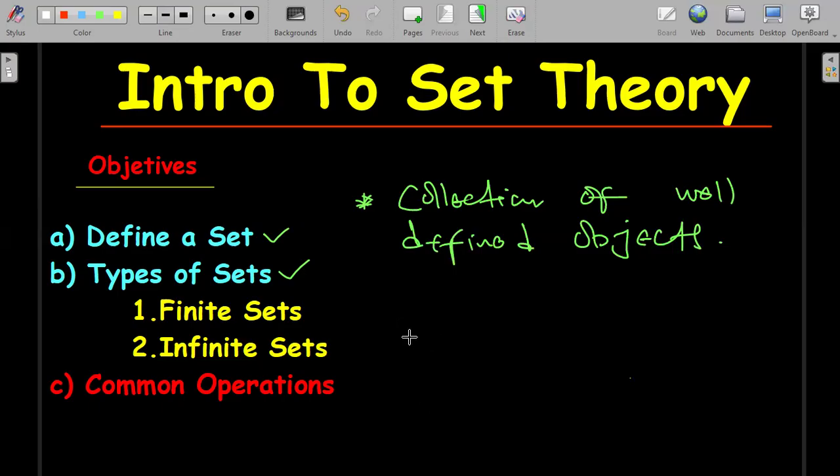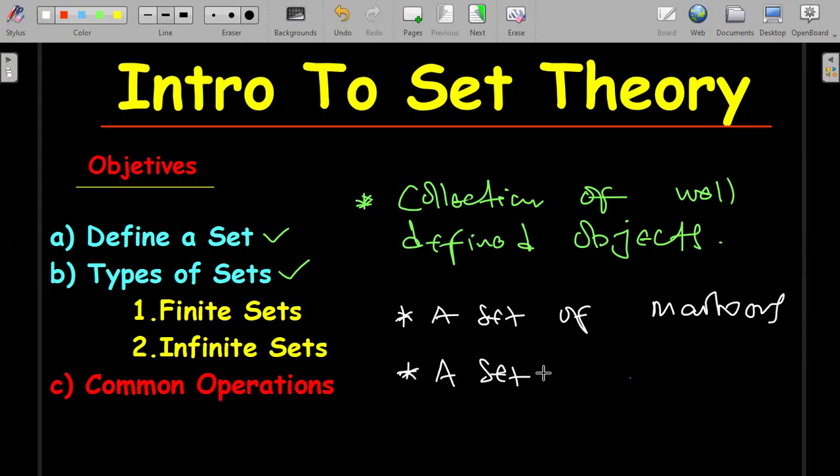So for example, when we say a set of markers, and then another person says a set of blue markers, one of these two statements is a set, the other one is not. When you say a set of markers, this is not well defined because we don't know what color or what types of markers we are going to have.